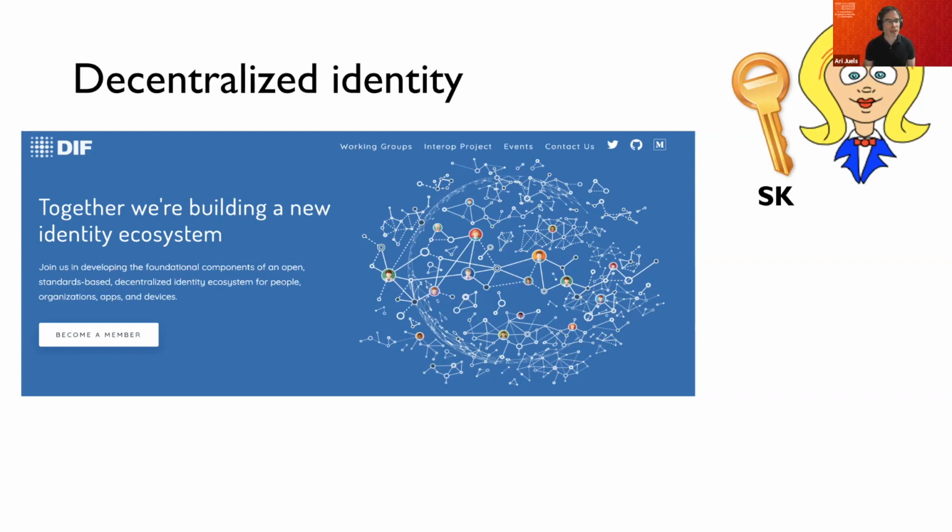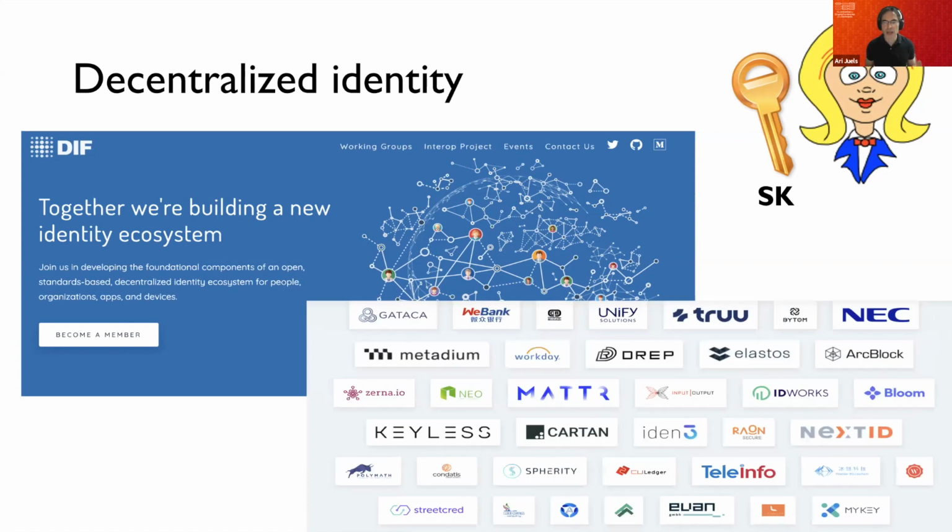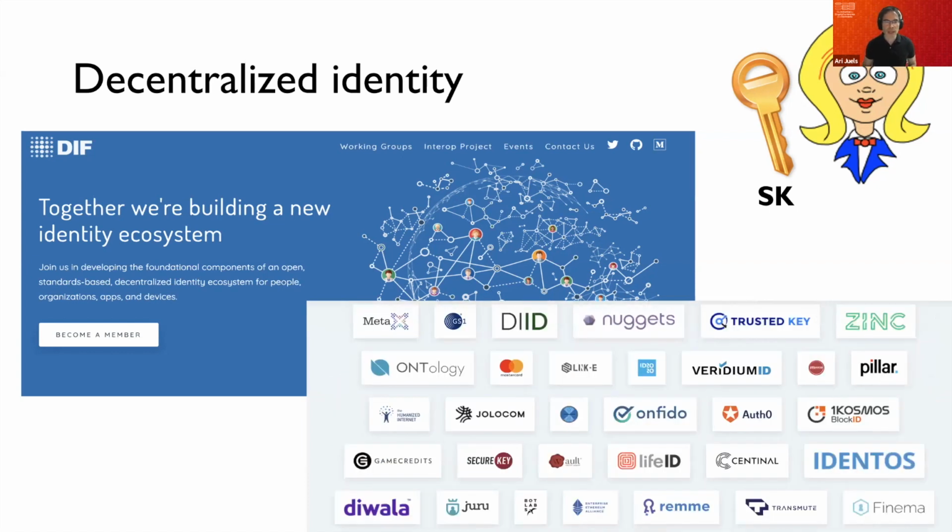One of these efforts is known as the Decentralized Identity Foundation and counts among its members dozens of companies. These include tech companies, of course, but also financial services companies, insurance companies, and so on and so forth. So interest in this basic idea is, as it turns out, quite broad.